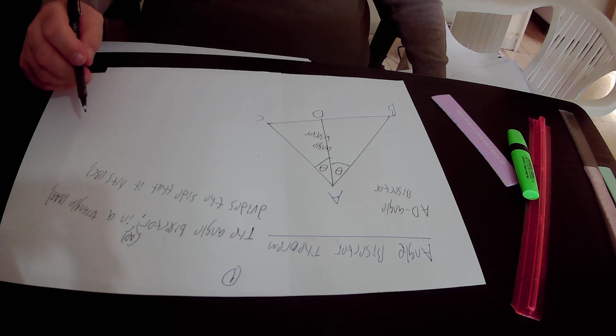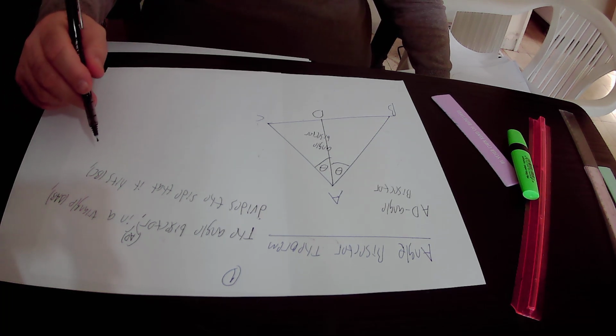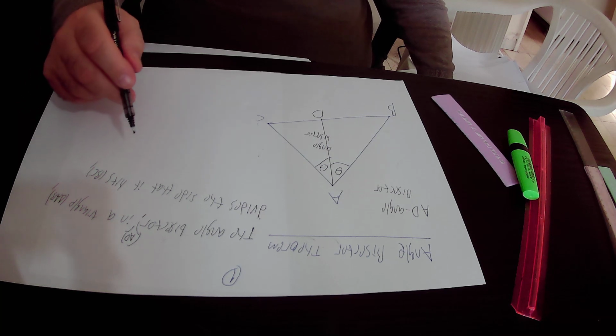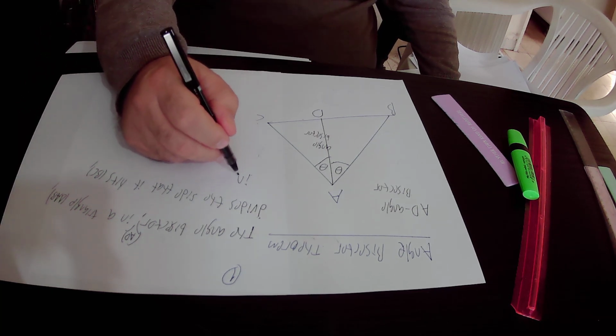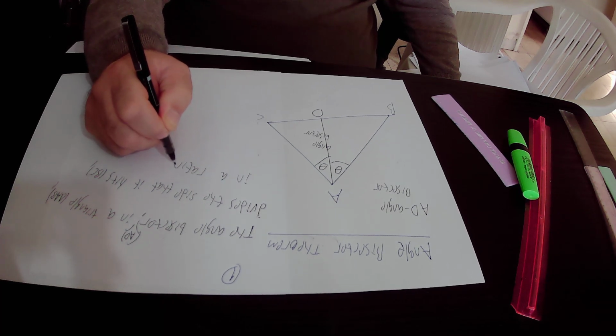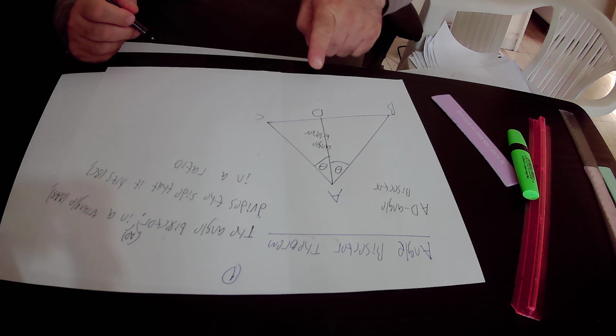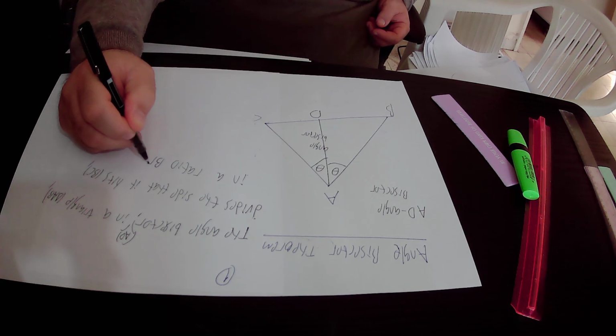So the angle bisector AD in triangle ABC divides the side that it is, that is BC, in a ratio that is equal to BD over DC. So I write it down in the brackets.